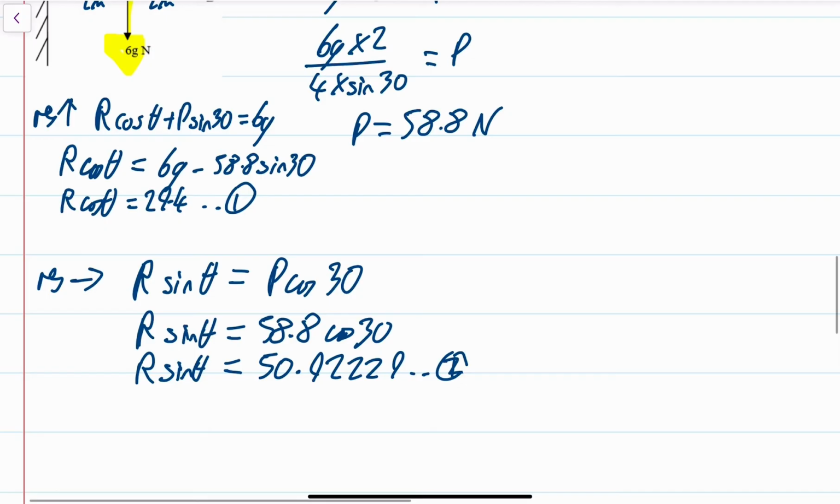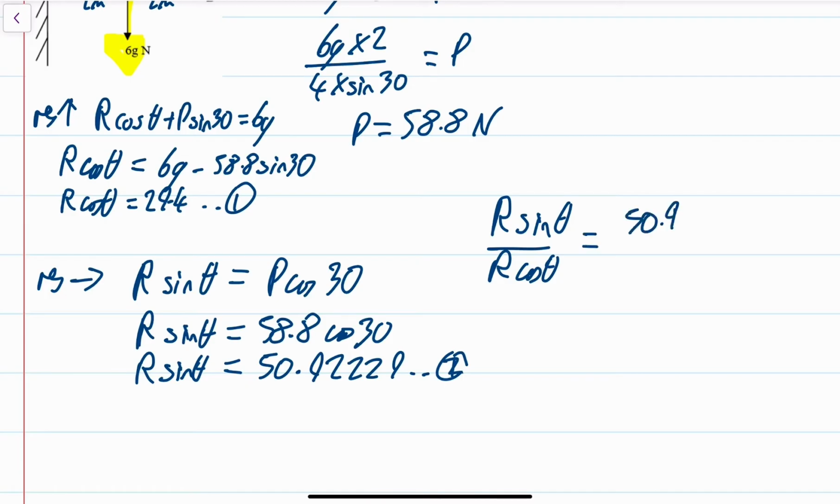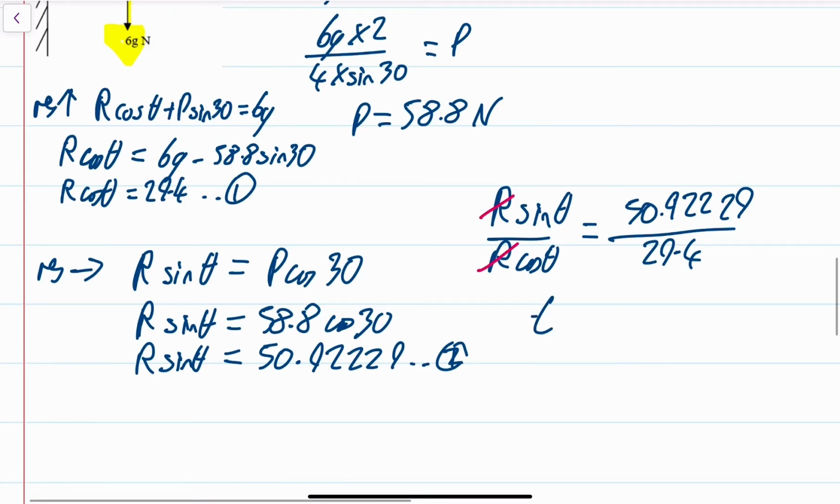Just write down your R sine theta over R cos theta. So that means the 50.9229 all over 29.4. And what happens here, these R's cancel, and sine divided by cos, we should know, is just tan.